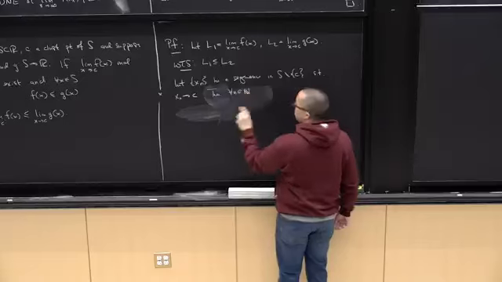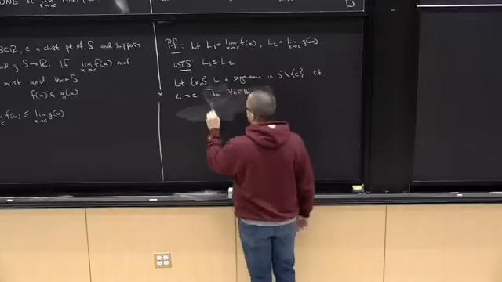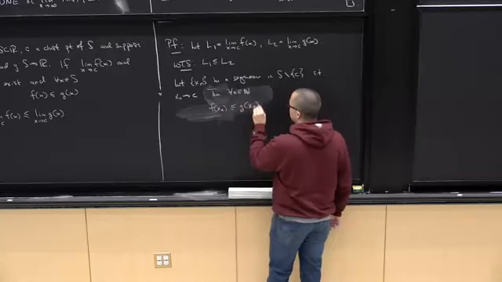Then by the assumption here, for all n, f of x_n is less than or equal to g of x_n.